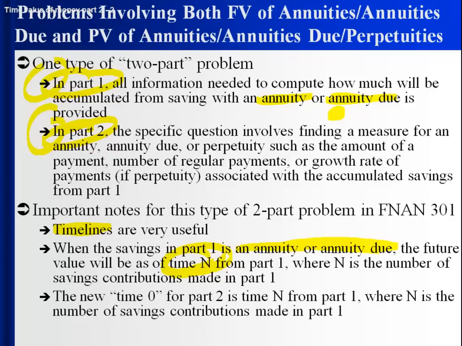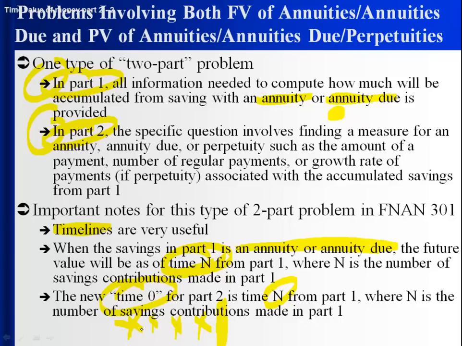And you can think of that time n as, in a sense, the pivot point, because you're going to save to that point in time, and then when you do part two, that is going to be the new time zero. So here I drew, suppose that's an annuity due with 1, 2, 3, 4 payments.